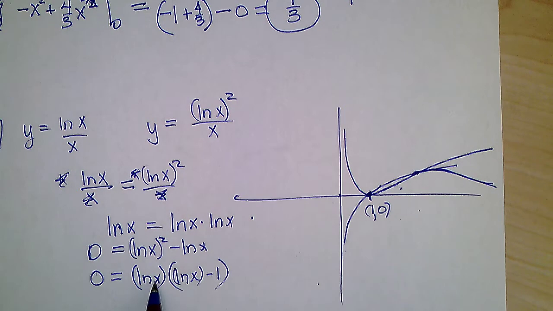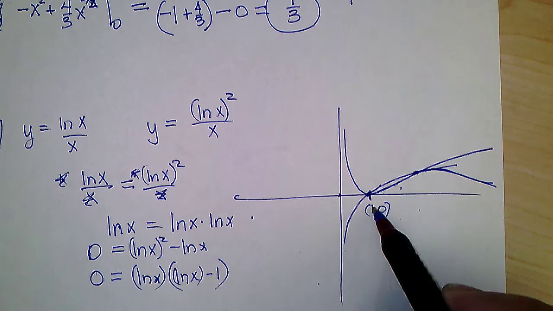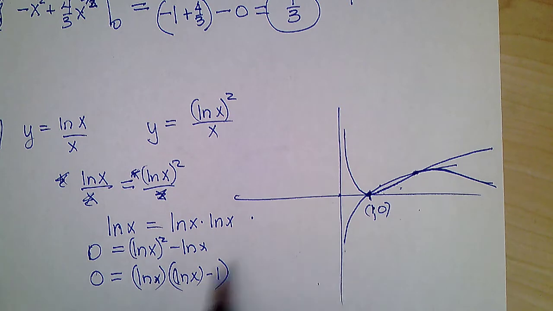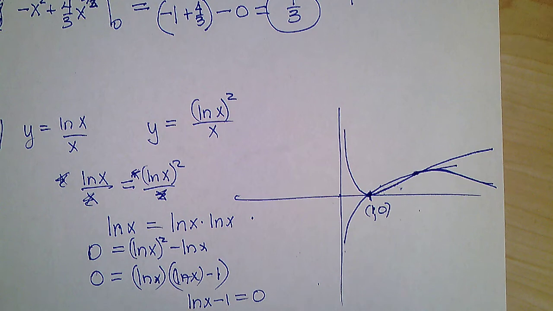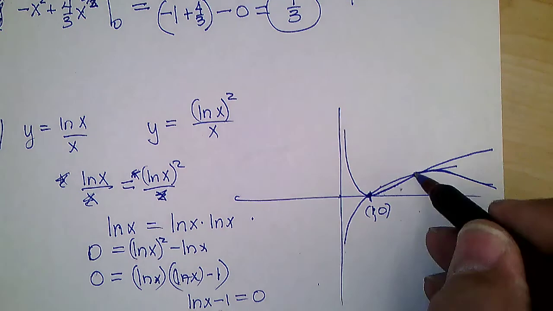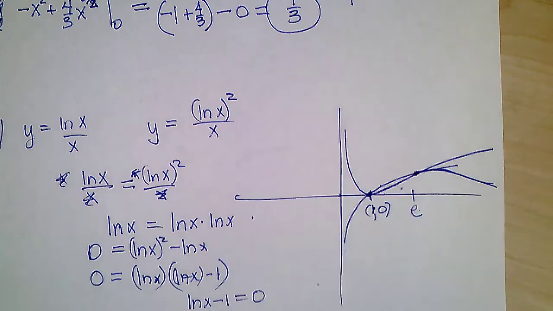So I want to know when ln x is 0, and that's at 1, and when ln x equals 1. ln x equals 1 when we put in e. So this is e.